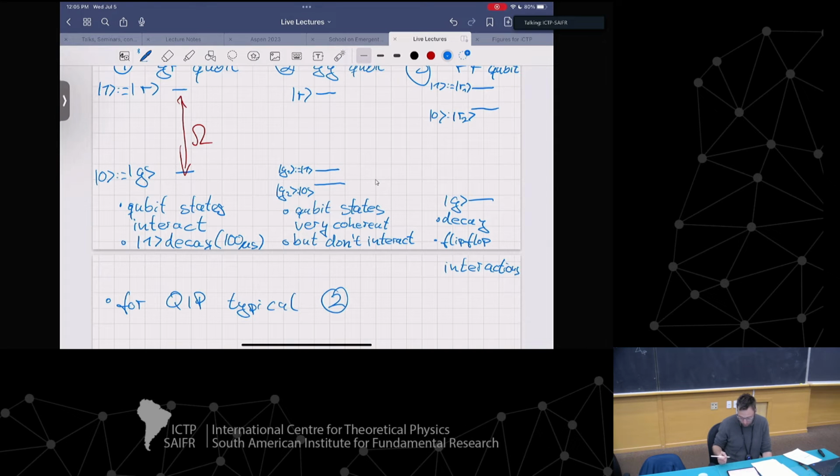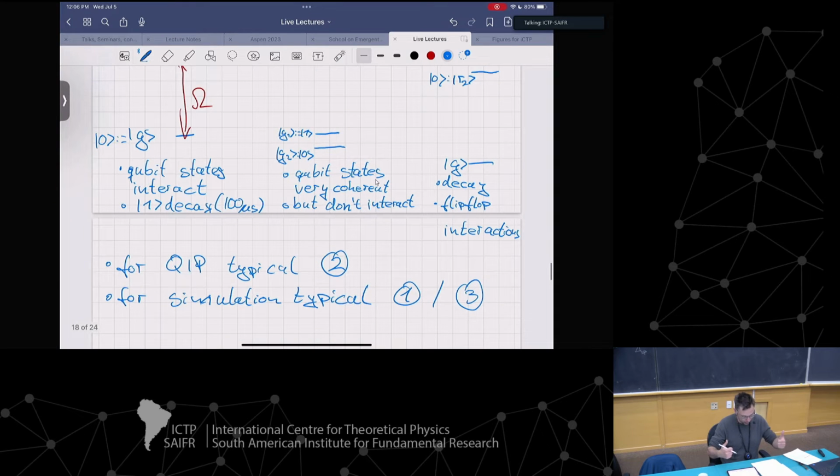So you use the ground encoding, and for, let's say, simulation, typical, you use 1 or 2. No, 3, sorry. Depending on if you want just a sigma ZZ term, as we will see, or a XY Hamiltonian.